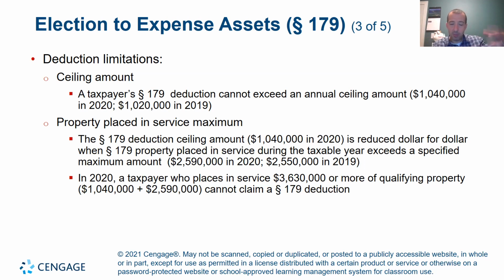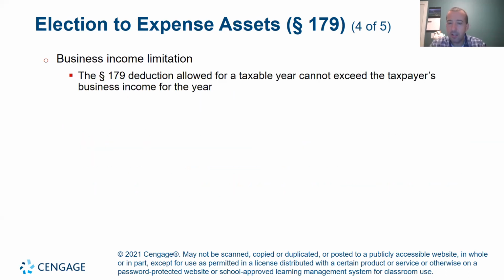Because the difference equals the $2,590,000, there's a dollar for dollar reduction. We would get $0 in Section 179 allowance because we purchased so many assets. So there is a ceiling on it.